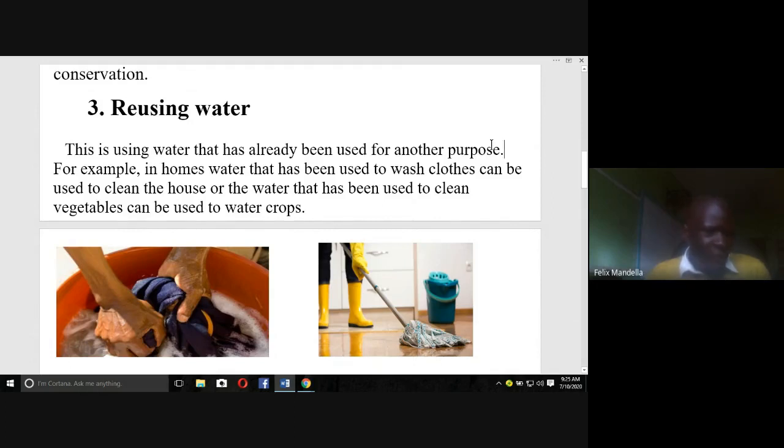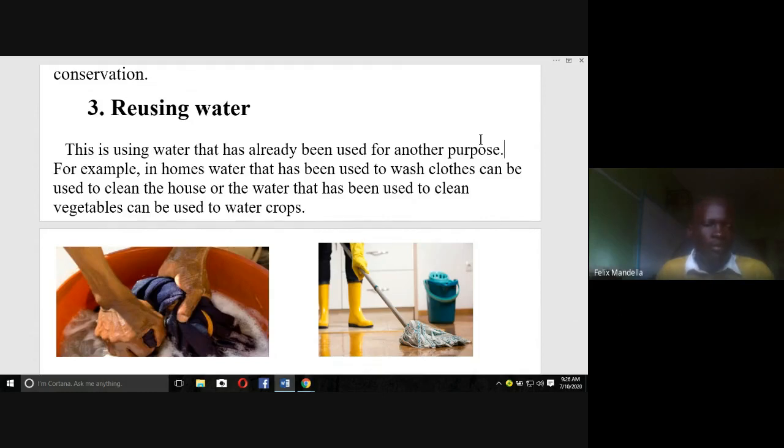Here, the difference between reusing water and recycling water is in recycling, the water must be treated or filtered. The water is either treated or filtered. But in reusing, the same water that has been used in its original form, the way it is used in another way. So you use water that has been used without treating it to do something else.